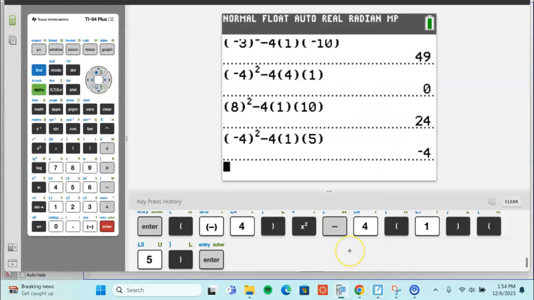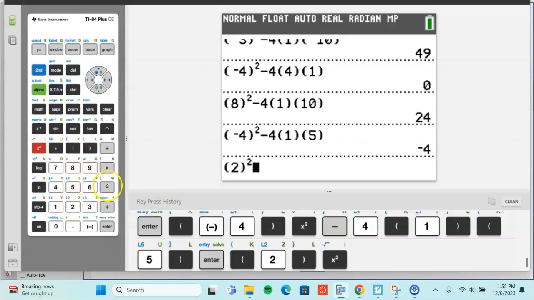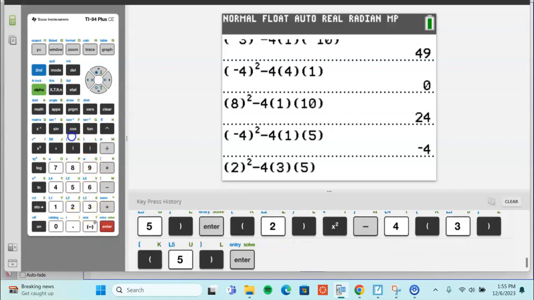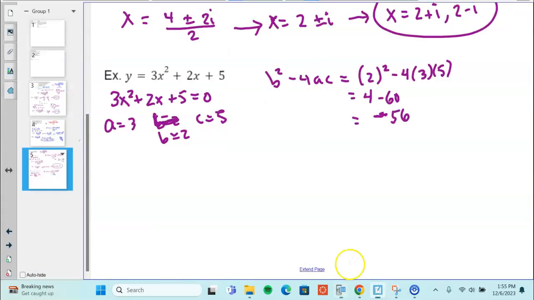Again, you can test it out on the calculator. 2 squared minus 4 times 3 times 5 gives -56. Okay, so plugging numbers into the quadratic formula, we do the negative of b, plus or minus the square root of -56, all over 2 times a. This time we get a 6 in the denominator.